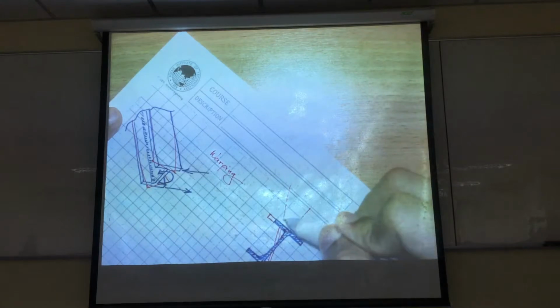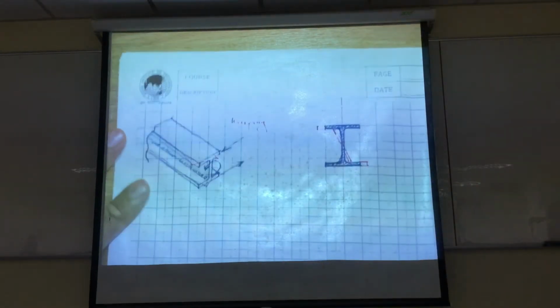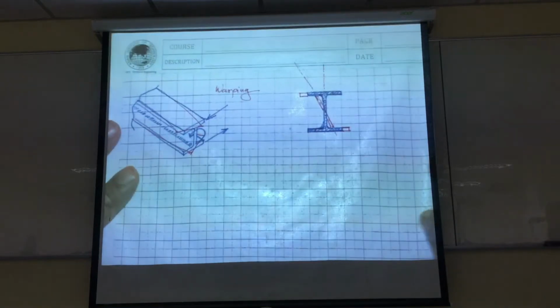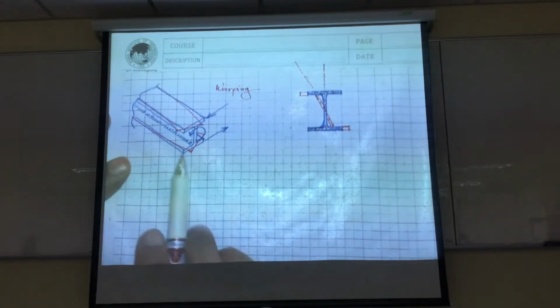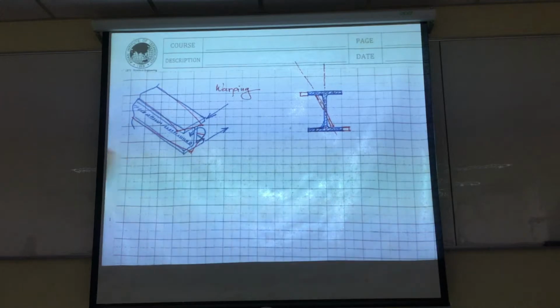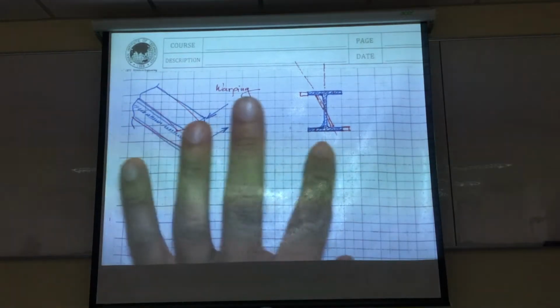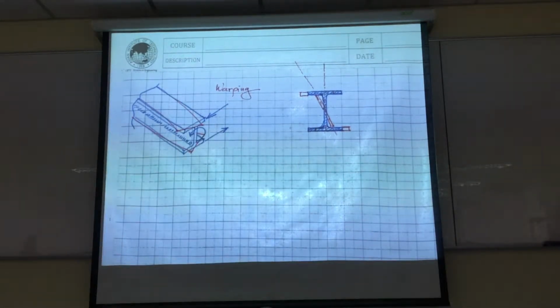Center line. Here, this is just the cross section, okay, during the warping. This is the 3D view, such that you can see that two sides are moving in and moving out. Okay, just cut the cross section so you'll be seeing something like this.